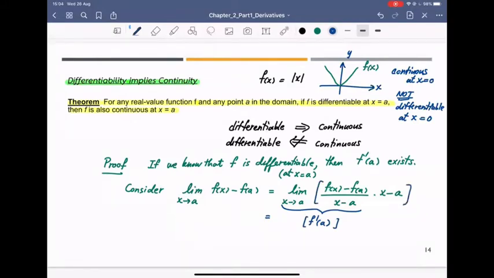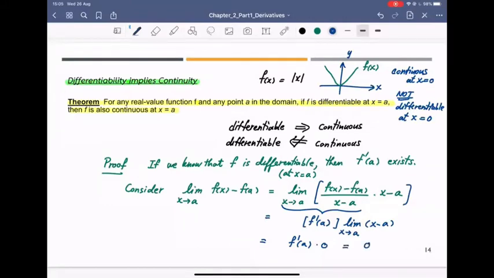Then when you use the limit law, we have f prime a multiplied by the limit of x minus a as x goes to a, which is 0. So that means this is 0.